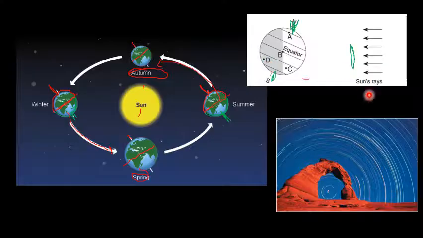The last thing is looking at these letters. We can see if this Earth is going counterclockwise, orbiting around like this, that A is in daytime. It had just passed through this transition.